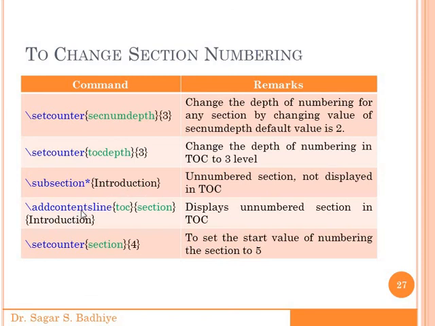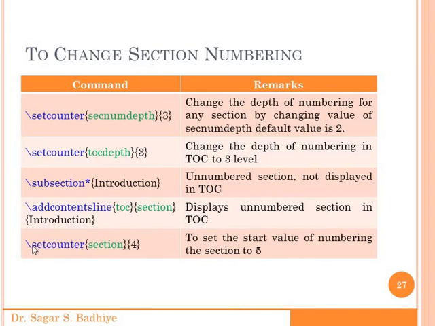If you want a particular thing to be displayed in the table of contents which is not numbered, we have the command \addcontentsline, then within curly braces you mention toc, and then the name of the section, that is section introduction. So this displays the unnumbered section in the table of contents.